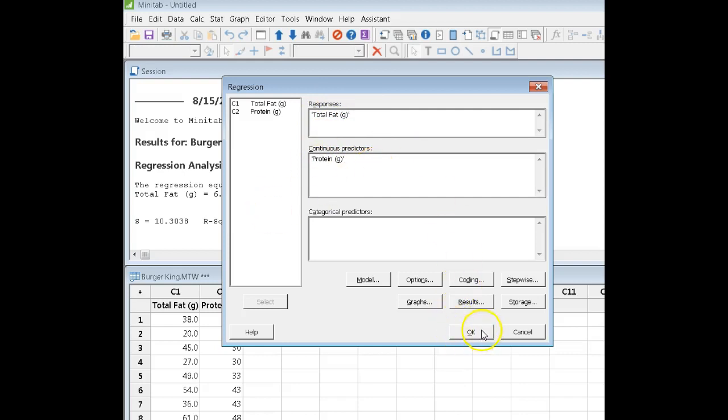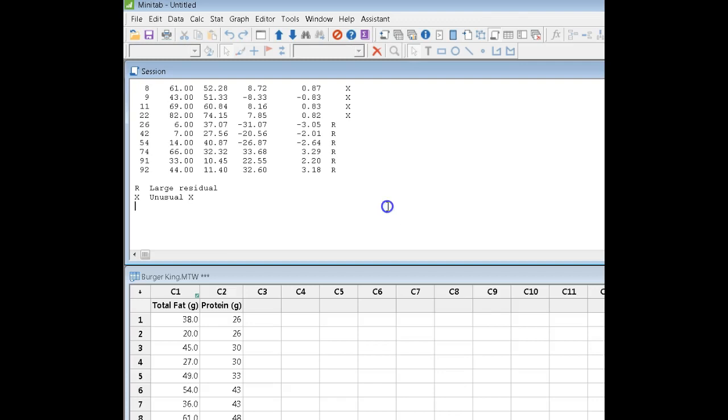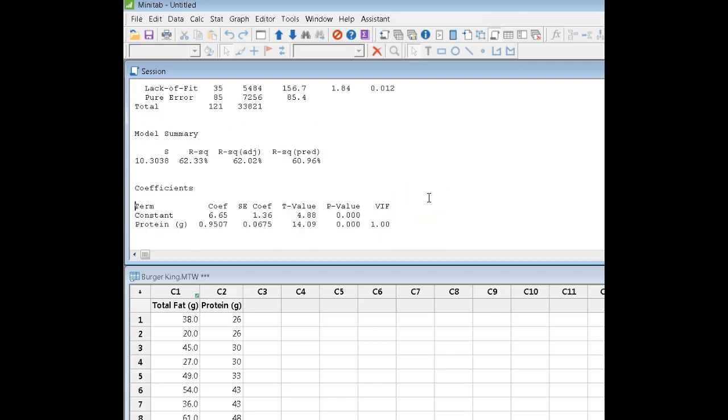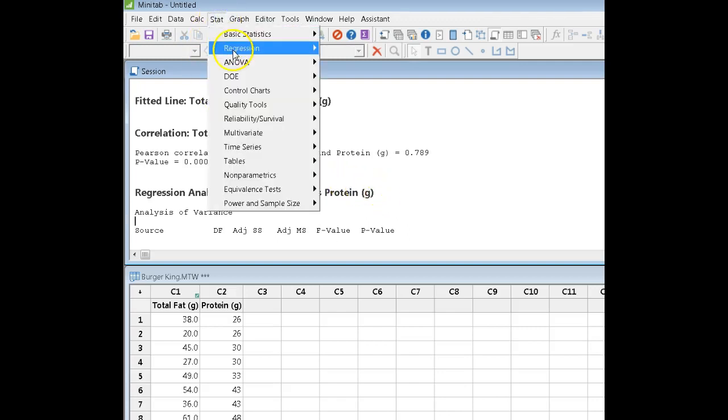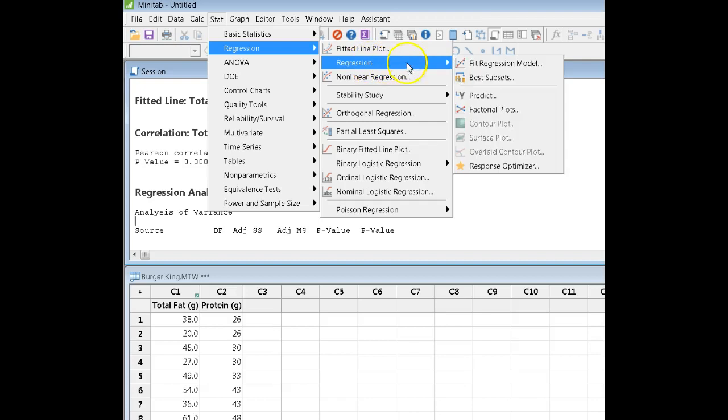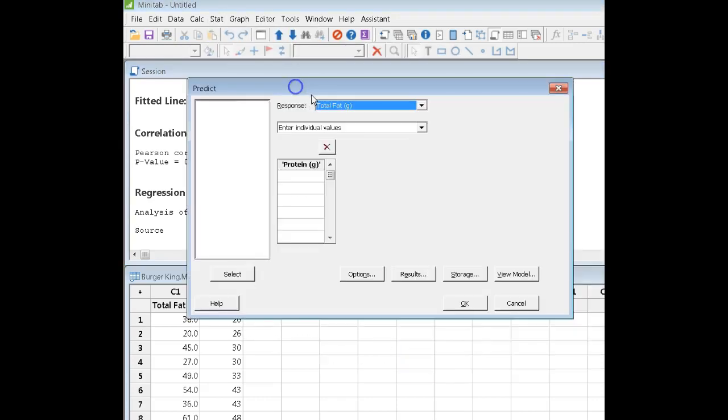Now, I'm just going to say OK to this. And Minitab's going to give me a whole bunch of old stuff, which I don't really care about. But the reason I have to do this is now I have to go back into regression, and once you have an X and Y specified in your regression model, you can now come down, third one in the list, where it says Predict. Window opens up.